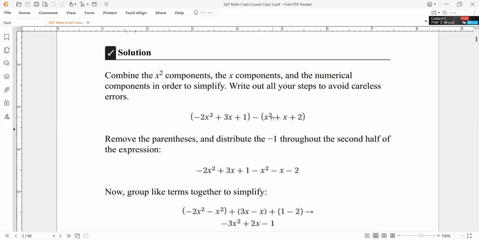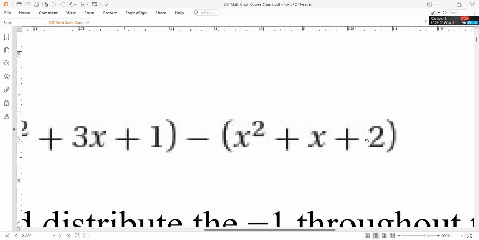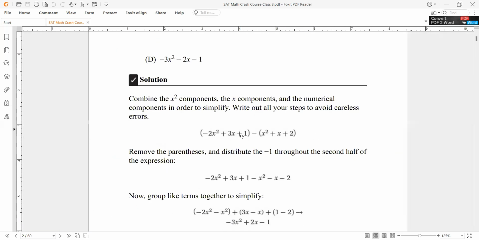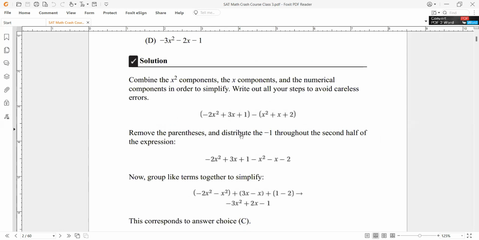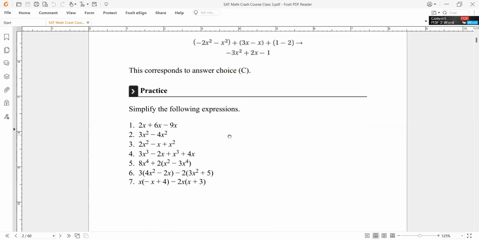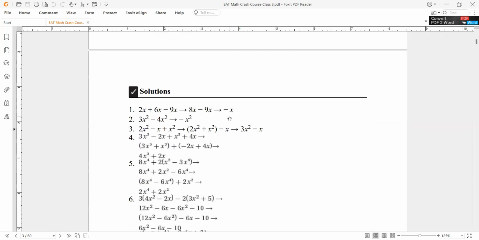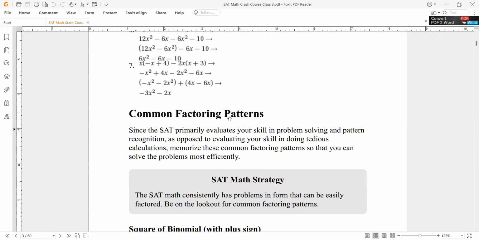The x squared will come out with a negative sign, the x will come out with a negative sign, and the positive 2 will come out with a negative sign. Very simple problems. I don't think these are really tough problems.